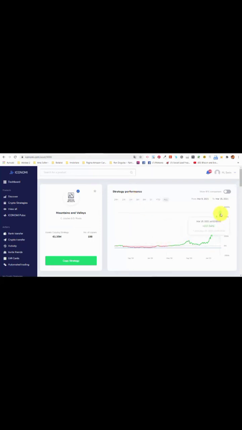So for example, this strategy's overall performance is at 150%, and if you look here, they had some downtime when they were on the loss, but in the last 2 years it obviously grew a lot, and this is something which happened for a lot of strategies.